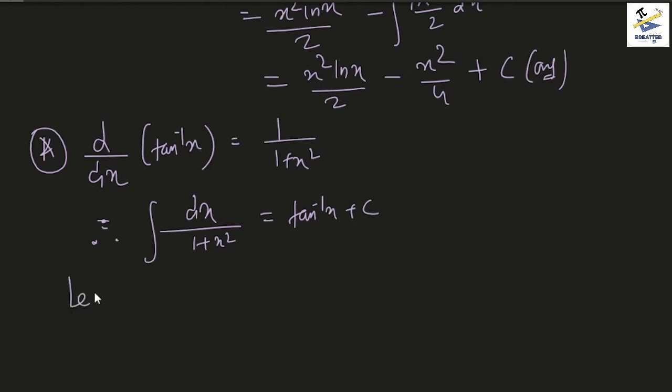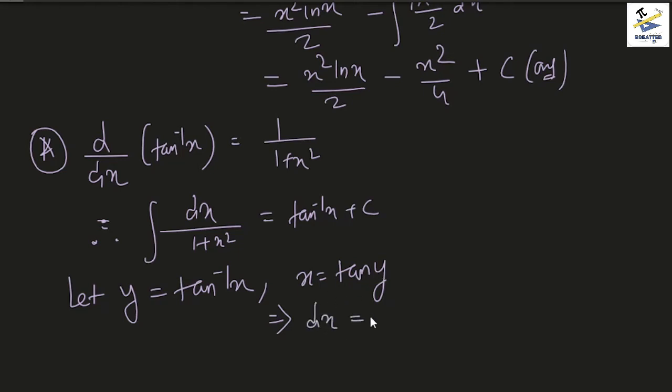Okay, so let y equal tan inverse of x, then x should be equal to tan of y, right? And what we are trying to find is dy by dx. The derivative of tan y is sec square y, if you remember it from the derivative section.